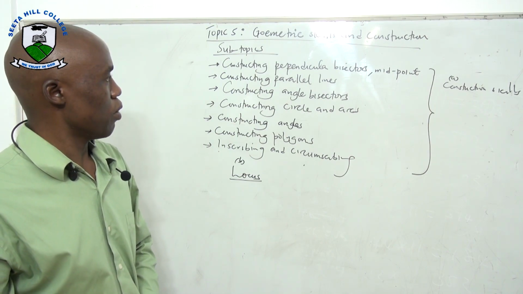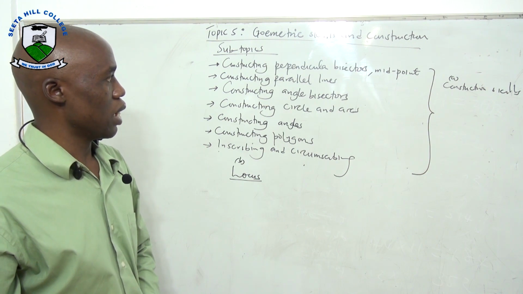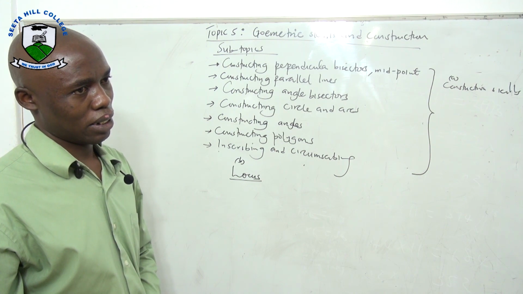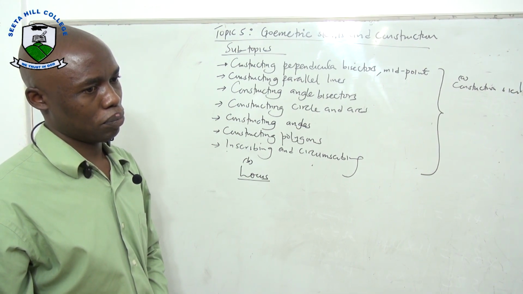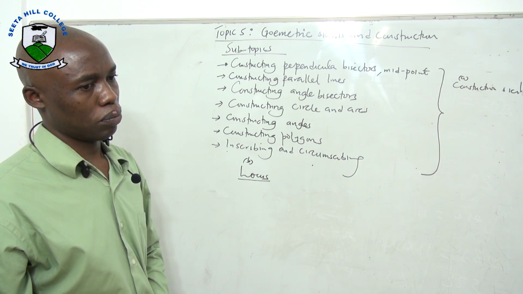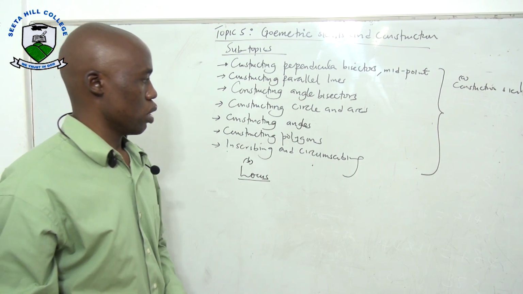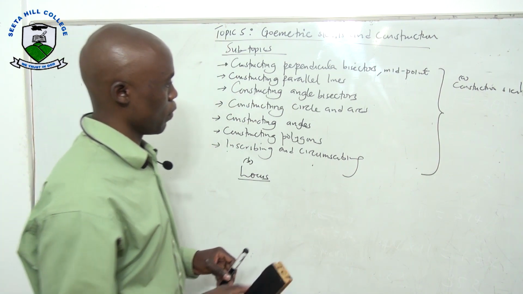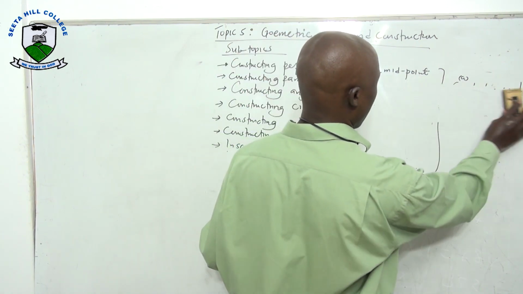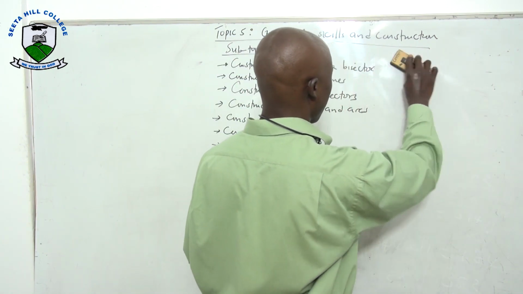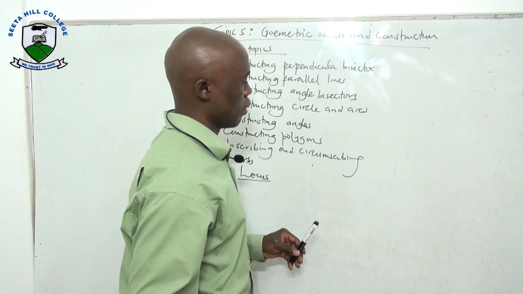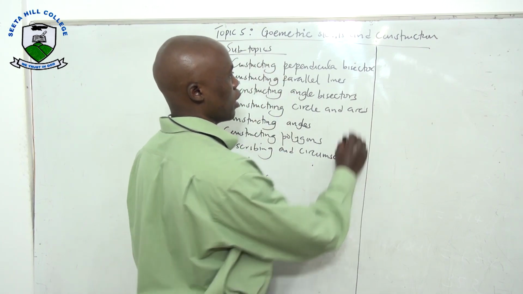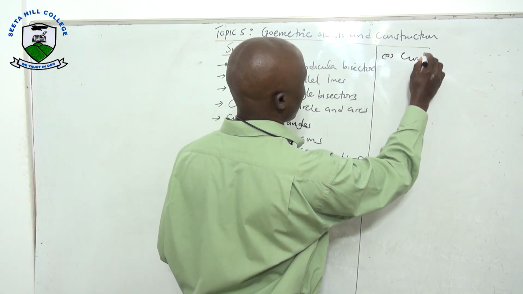Now, we start right away with constructing perpendicular bisector. Now, that is constructing perpendicular bisectors. I think I will make sure one of my sides here is quite sufficient for me, and I'll use basically that side for every skill that I want to check.